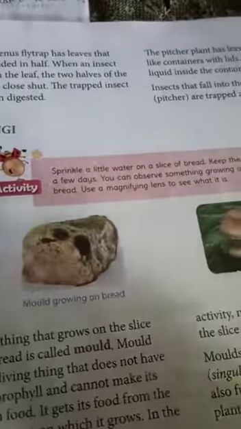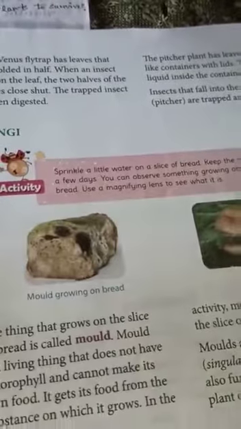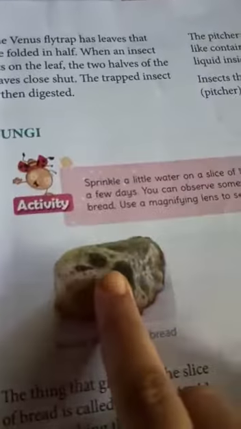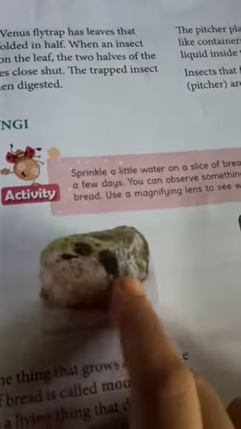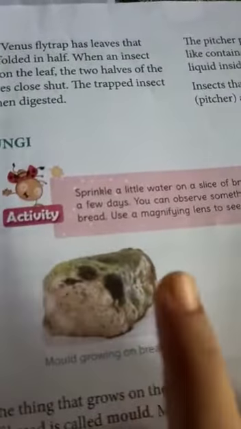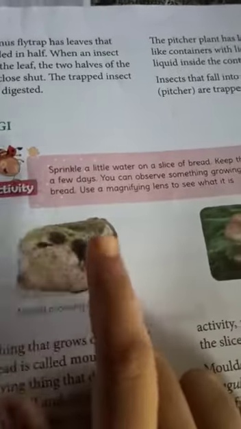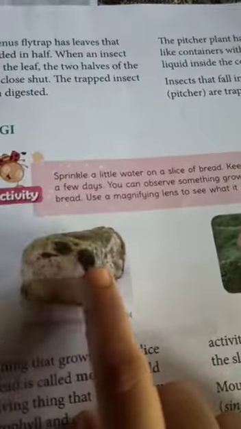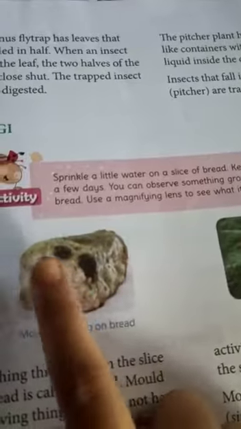When we sprinkle some water on a piece of bread and keep it for a few days, we will see black colored organisms growing on the bread. These are actually mold. If you take a magnifying glass, you will see that molds are growing on the bread. The mold is getting nutrition from the bread.